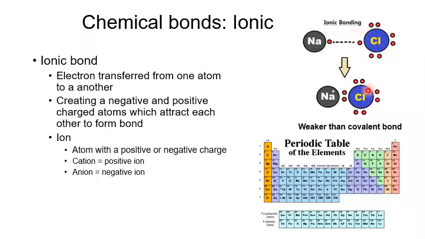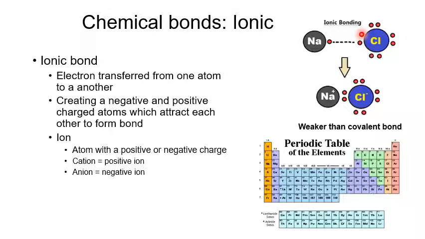In this case, instead of sharing the electron, chloride takes the electron. But remember, chlorine as an atom is electrically neutral because it has an equal amount of protons and electrons. But what happens if chlorine takes an electron from sodium?